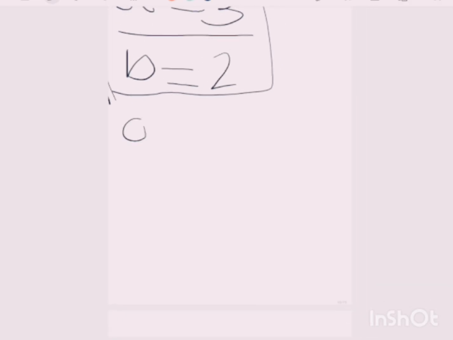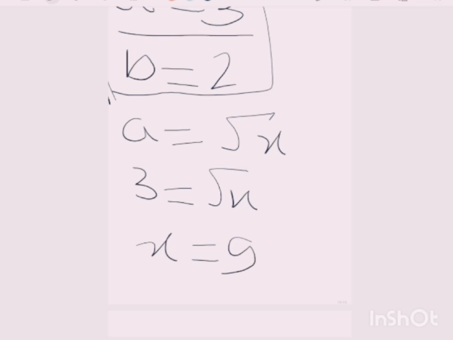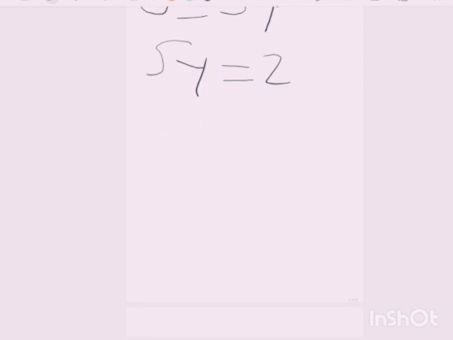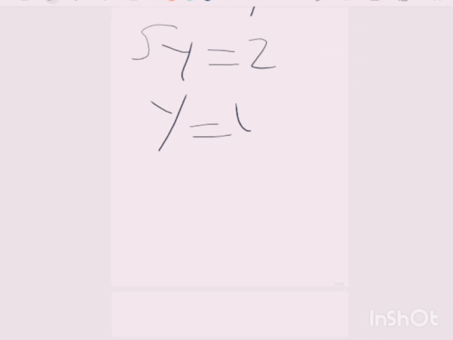Now we have assumed a as root x, so 3 will be equal to root x, so x will be equal to 9. And b we have assumed as root y, so b is 2, so root y will be equal to 2, so y will be equal to 4.